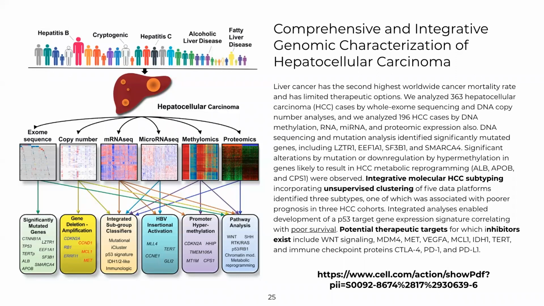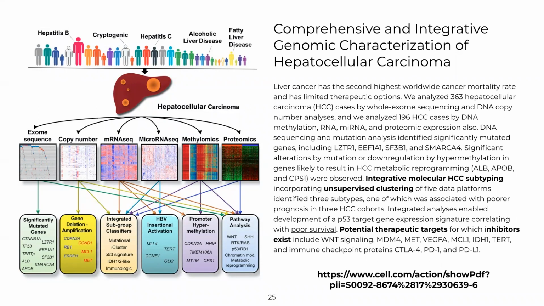So this is an example, this is a publication, right? In Cell, you will have publications that come out from the Cancer Genome Atlas Consortium that actually analyze collections based on specific conditions, and then they publish all of the results in one review paper. So this is one of those review papers called Comprehensive and Integrated Genomic Characterization of Hepatocellular Carcinoma.